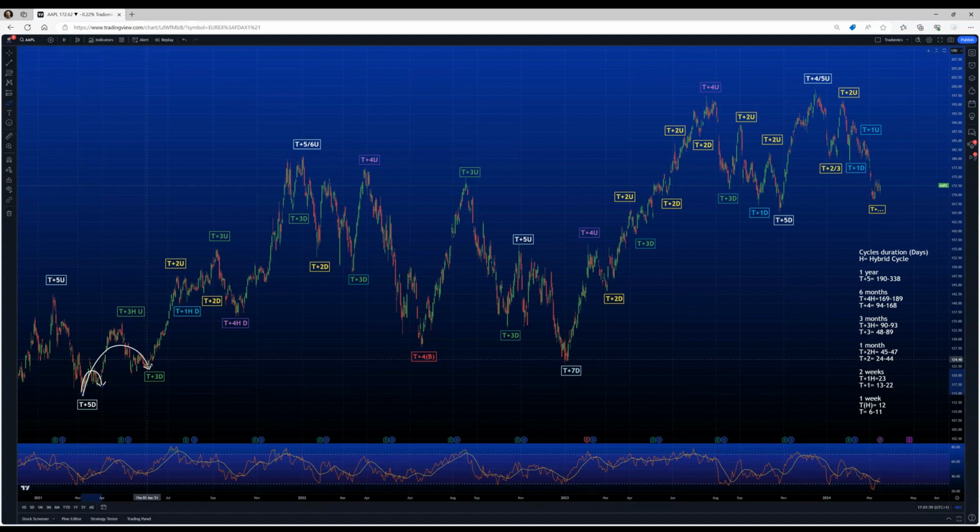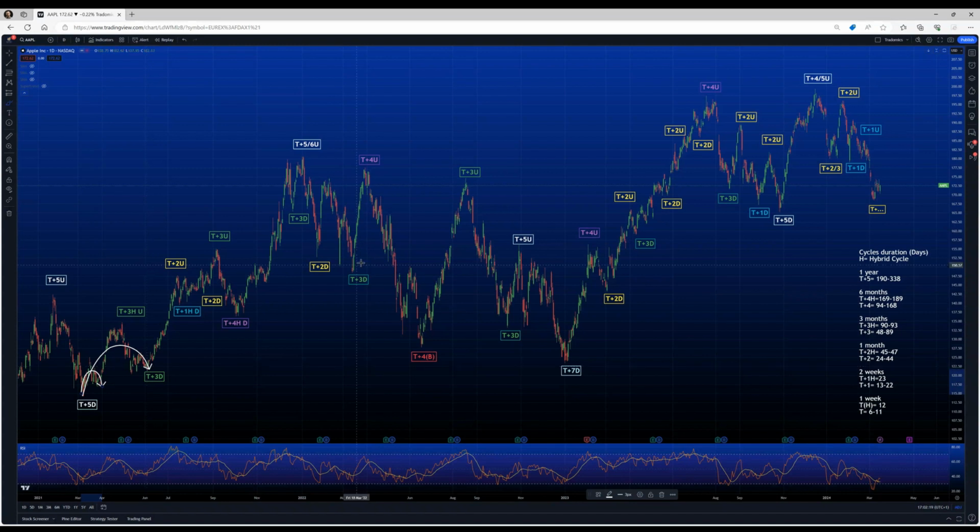So this T plus 3 particularly was positive, but as a general rule, if you want to understand whether a cycle is in development or not, you need to have 2 degrees less in terms of duration for its development.